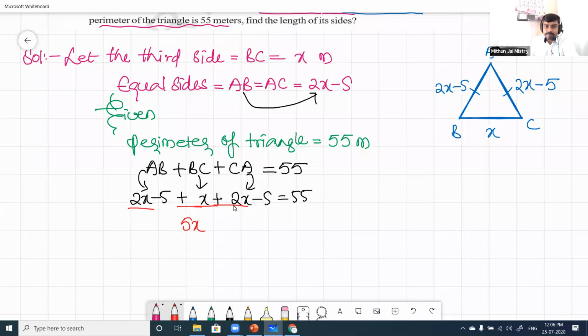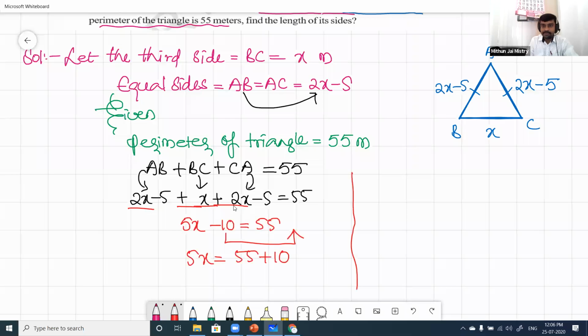After that we have minus 5 and minus 5, which will be minus 10, because both are negative, we add, and the bigger one gets the symbol. So 55. Now take this minus 10 to that side, that is transpose, and you will get 5x is equal to 55 plus 10, right? So 5x is equal to 65.